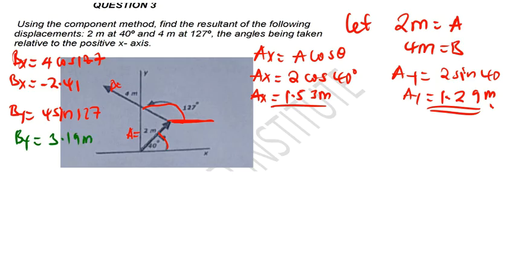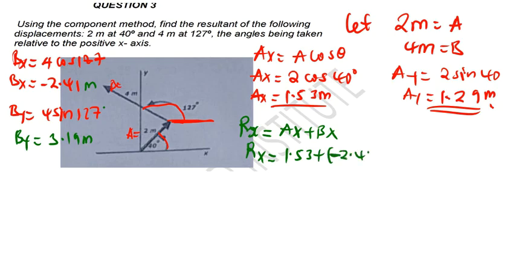Confirm, those having calculators. My Rx will be Ax plus Bx. So Ax is 1.53, Bx is negative 2.41.